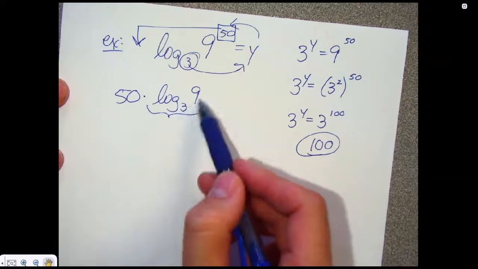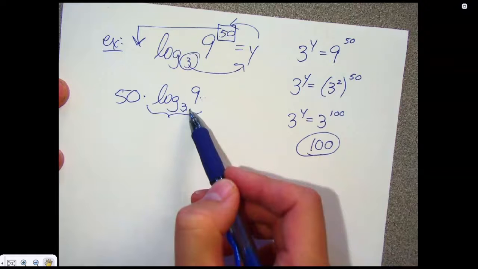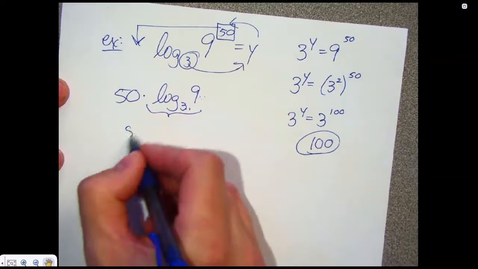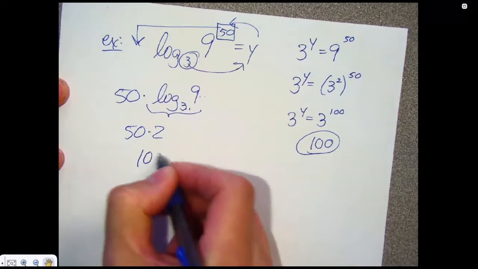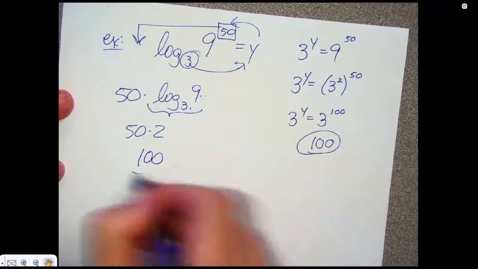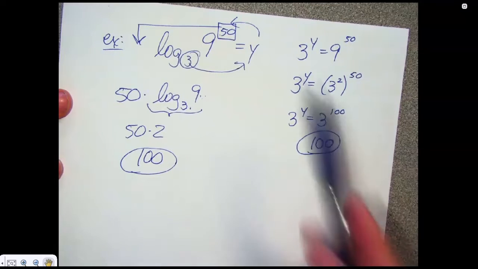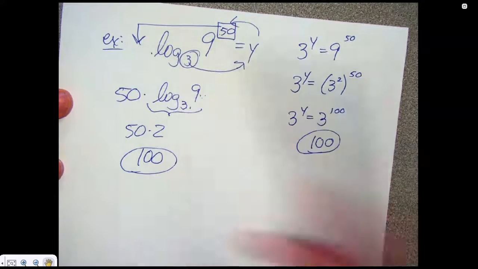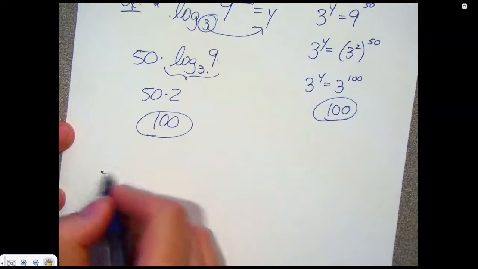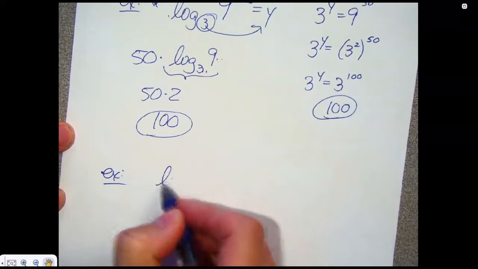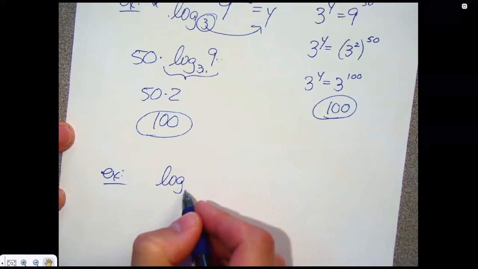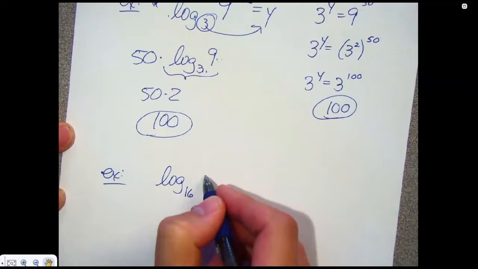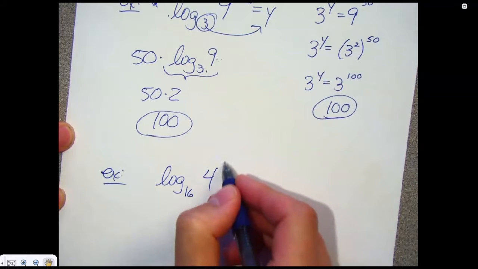So this is just saying 3 to what power gives me 9, which is 2, right? And then 50 times 2 is 100. So both those are valid techniques. I just want to remind you of this rule, basically. So try one of those. Try that.